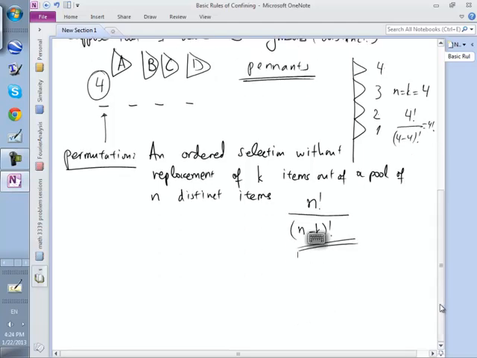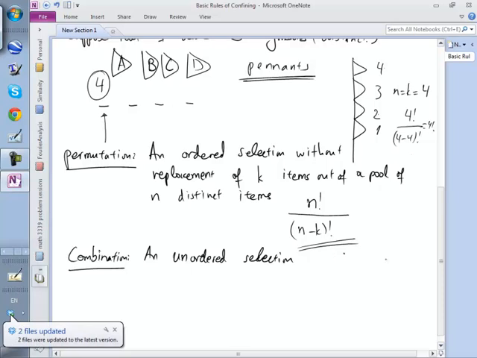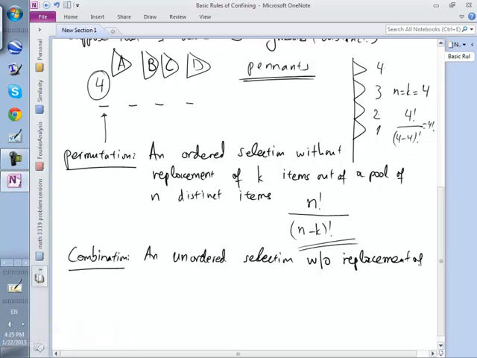No questions. Now, combination. What is a combination? A combination is an unordered selection of k items, let's say without replacement, out of n.